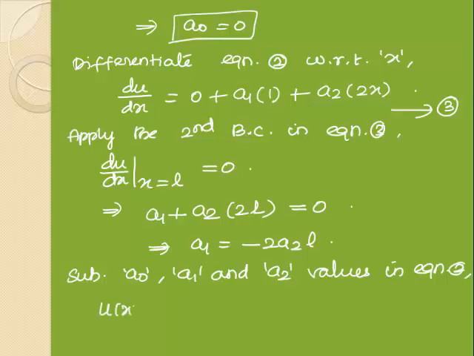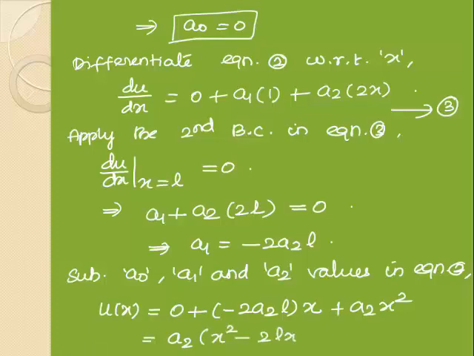So u of x will be a0 value is 0 plus a1 is minus 2a2L into x, a1x, plus a2x square. Now we can keep a2 outside.